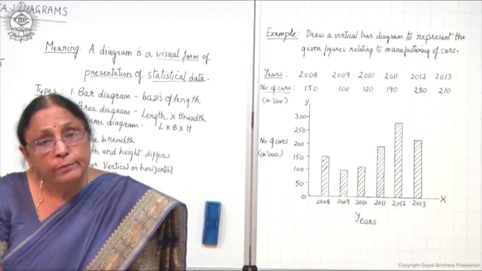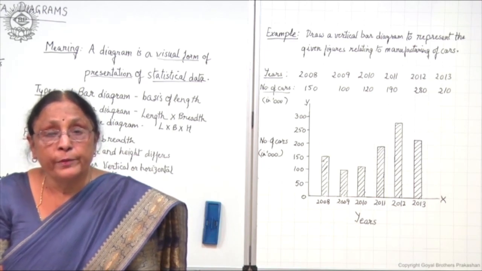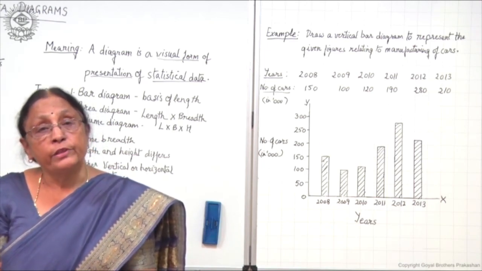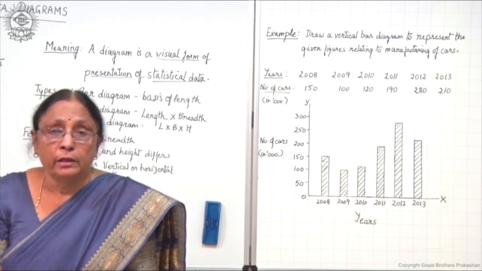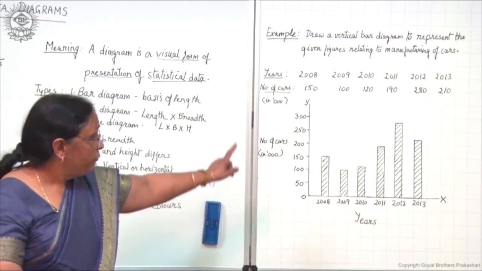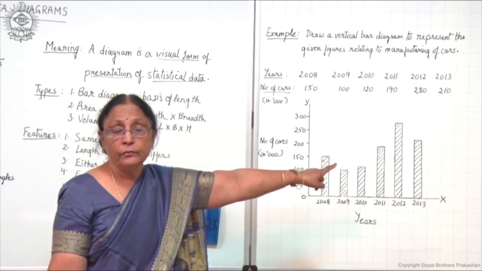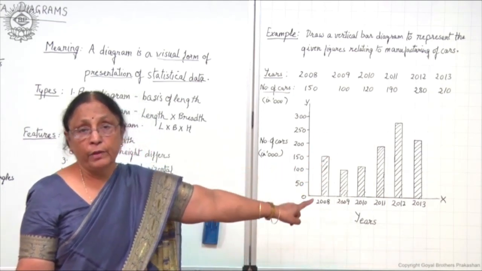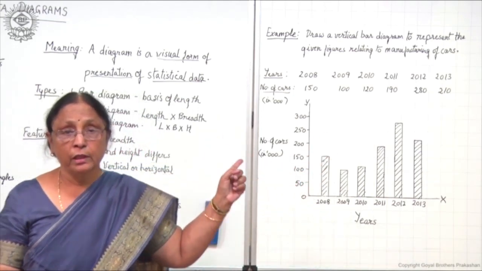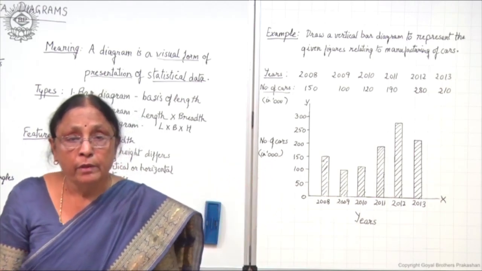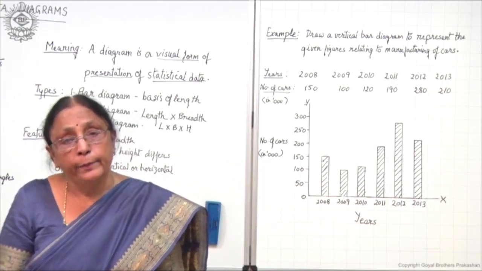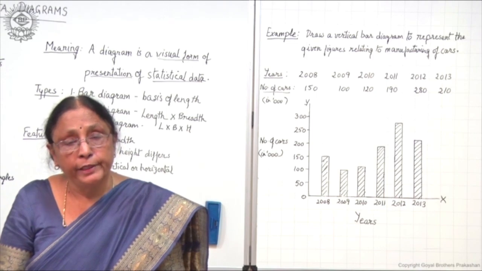This is called simple bar, also known as one dimensional simple bar, in which only one bar is given, and the length of the bar is on the basis of data given, the breadth is the same and the distance is to be kept equal.